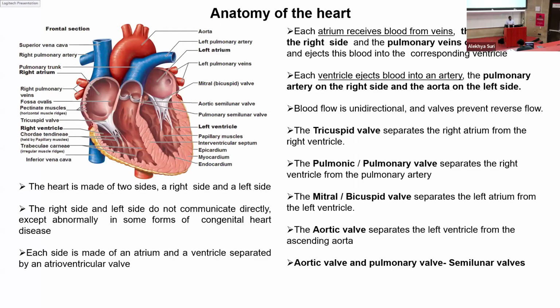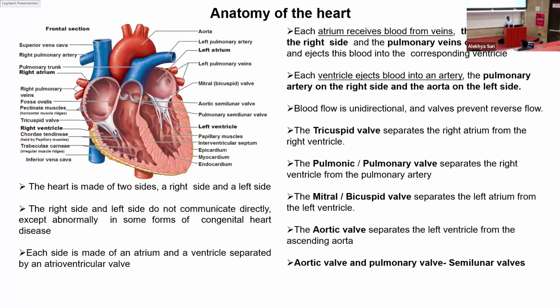cardiac muscle function. So as you know, the heart has the two sides, the right side and left side. And each side has an atrial chamber and a ventricular chamber.